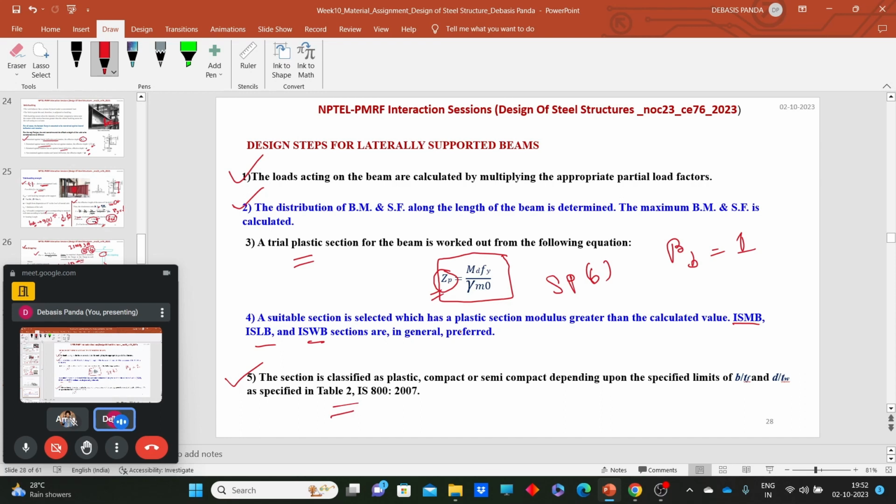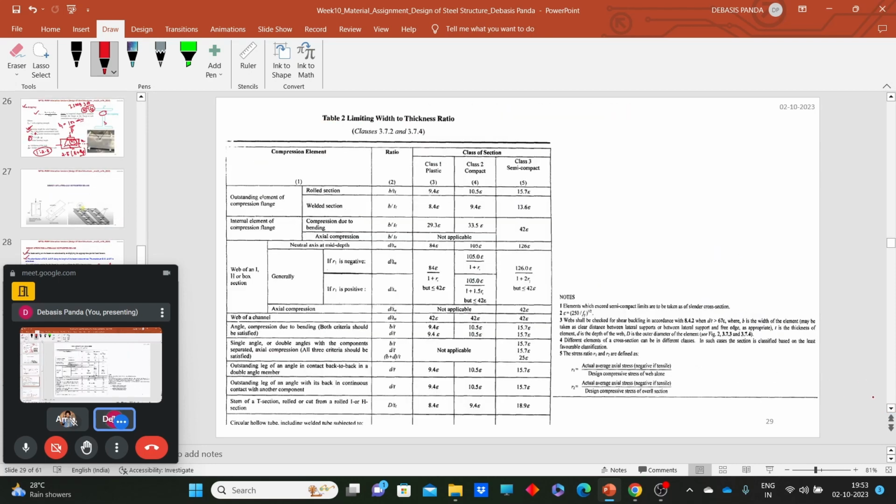Initially we considered a plastic section, but we need to identify whether it actually is plastic or a compact or semi-compact section, because the later calculation of design bending strength depends on the sectional classification. From Table 2, you can classify your sections using B by TF and other things.